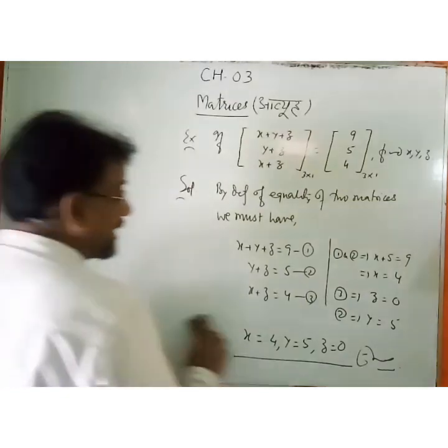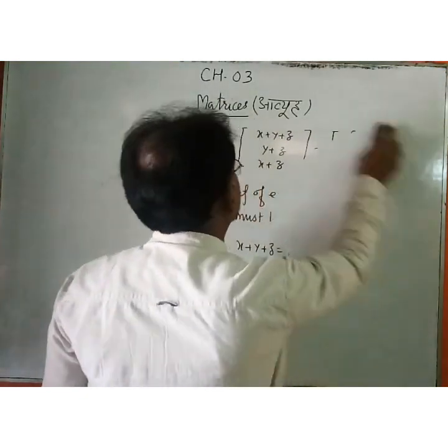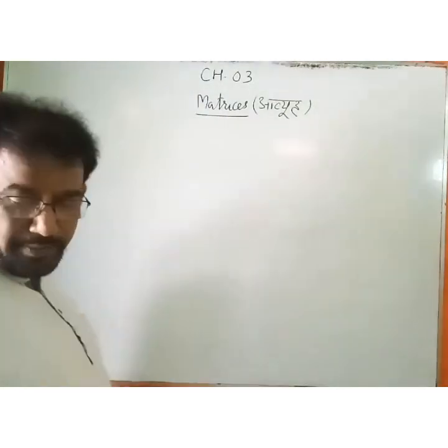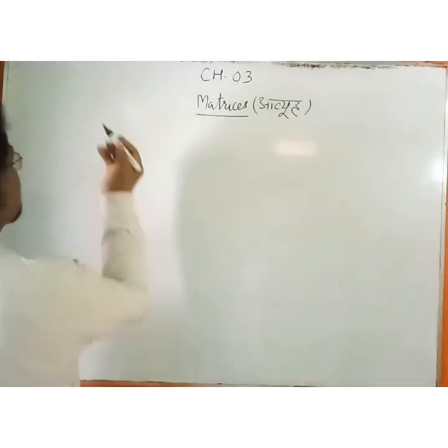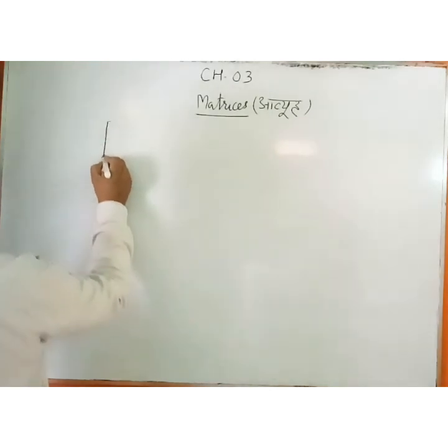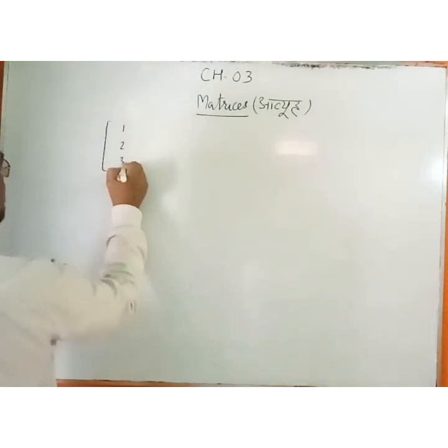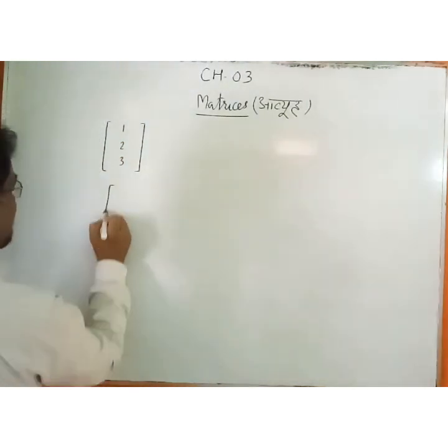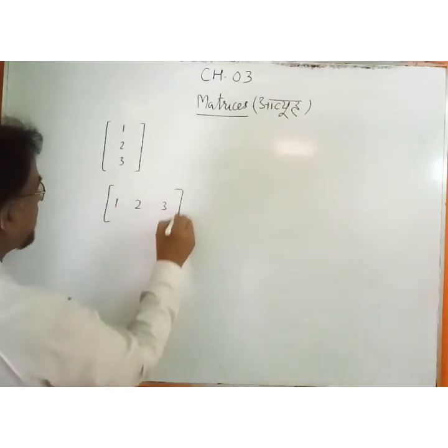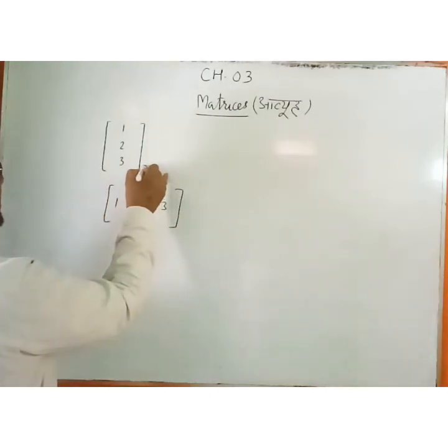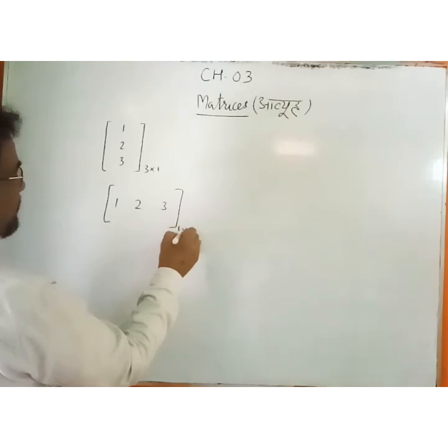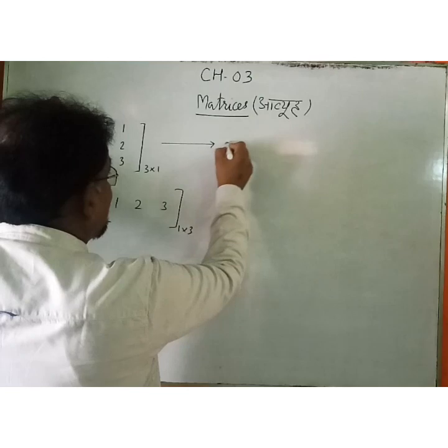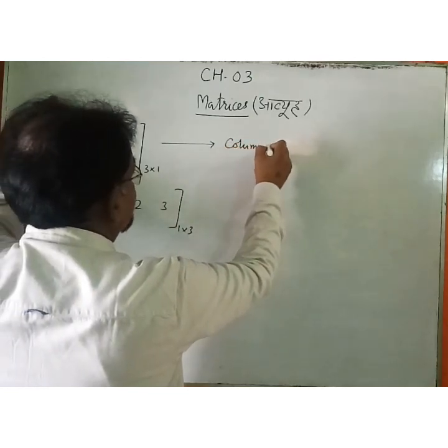Now, let us see the various types of matrices which are possible. I am explaining these matrices with the help of examples. See one matrix here. Suppose the matrix is 1, 2, 3 as a column. Another matrix is here, 1, 2, 3 as a row. This matrix is 3 by 1 and this matrix is 1 by 3. This matrix is called a column matrix.